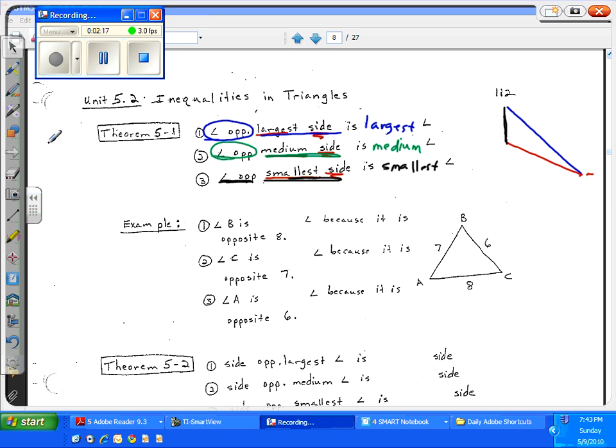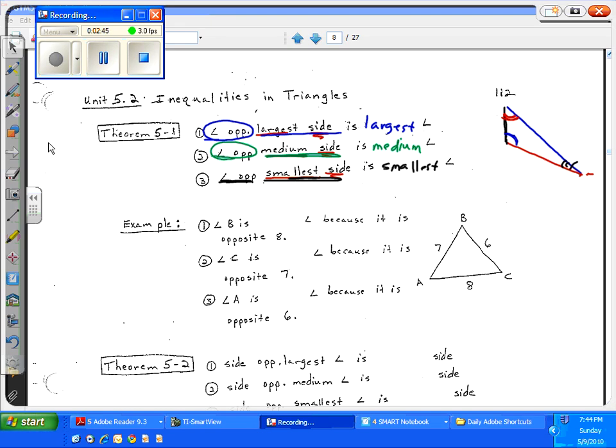But you can see that this angle that's opposite that larger blue side is the larger of the angles. And that angle that is opposite this medium red side is the medium angle. And the angle that's opposite that smallest black side is the smaller of the angles.